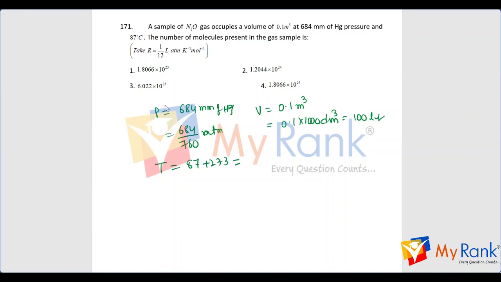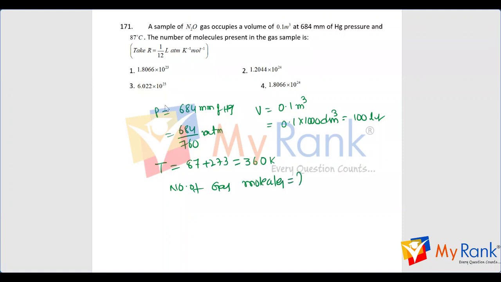So the temperature here is 360 Kelvin. The number of molecules present in the gas sample is what we need.